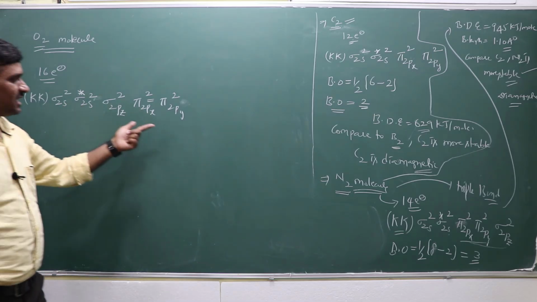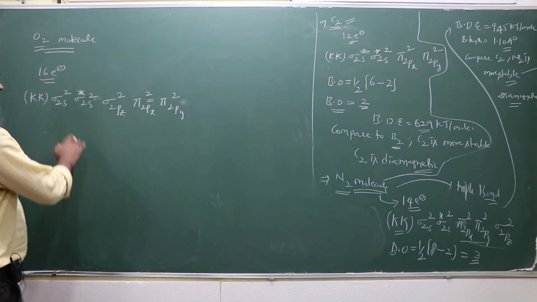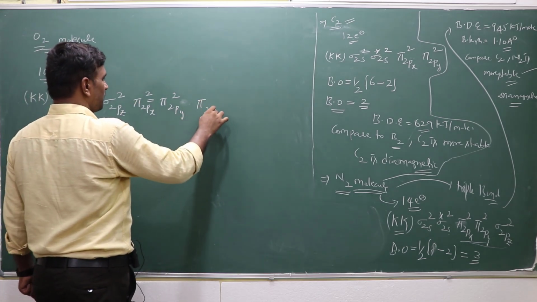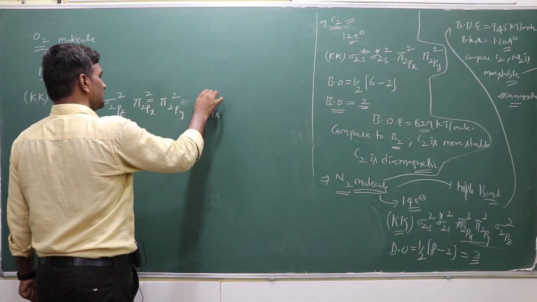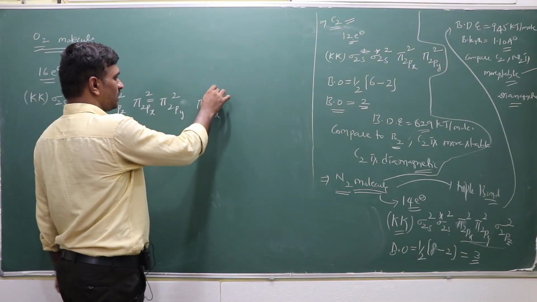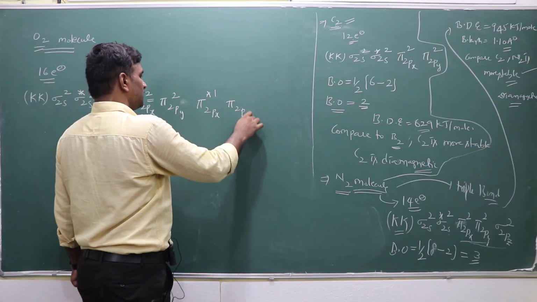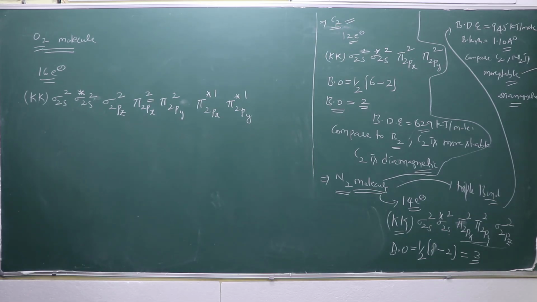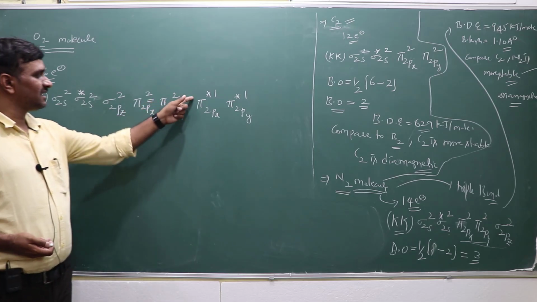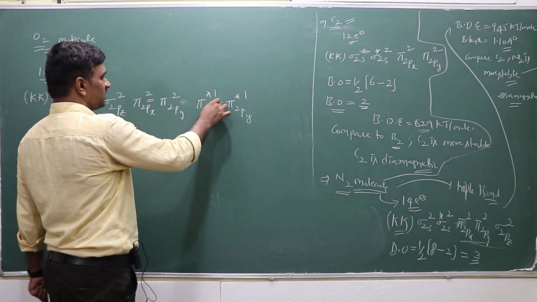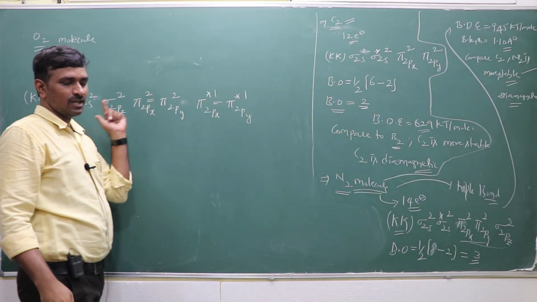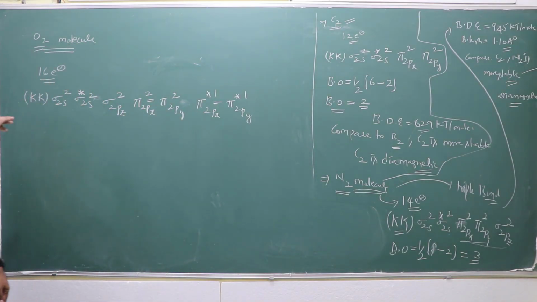This is like the earlier one, so 14 electrons are completed. Next comes pi star 2px1 and pi star 2py1, which are highest in energy compared to these levels, as we maintain increasing order.